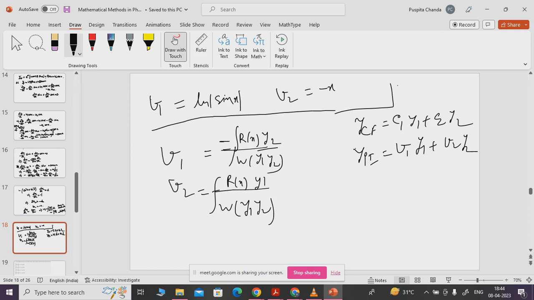Here what is rx? The second order differential equation can be written like this: d2y dx2 plus px dy dx plus qx y is equal to rx. Here rx is cosec x.